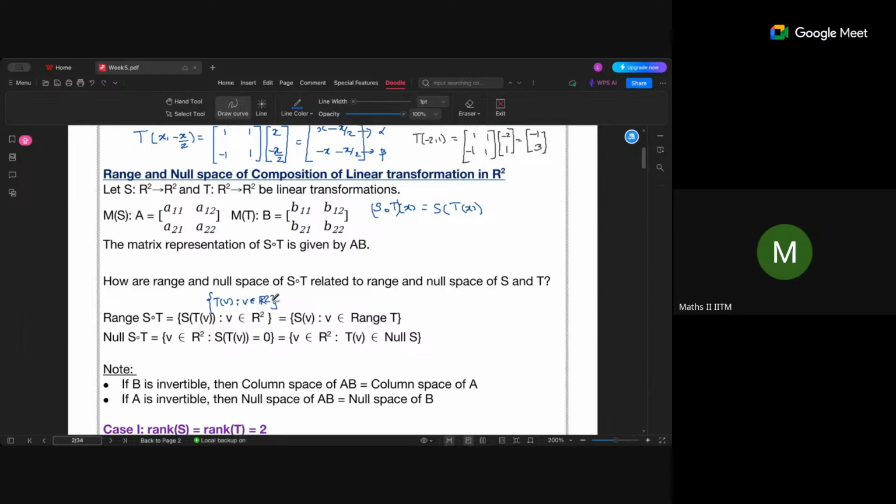Anyone? Is it that difficult? This was the very first thing we started with today. What is this set? The set of all T of V such that V is in R2.